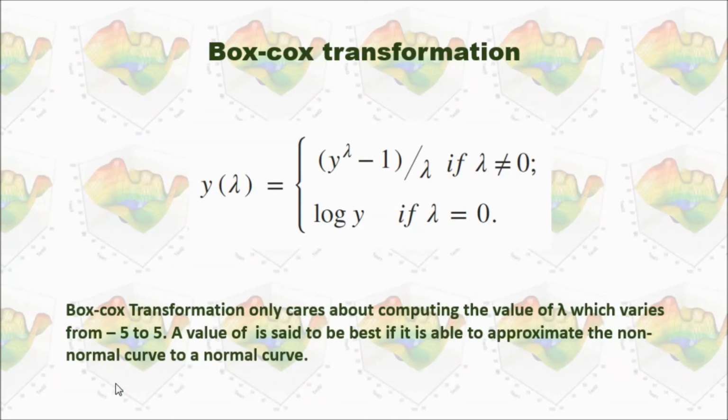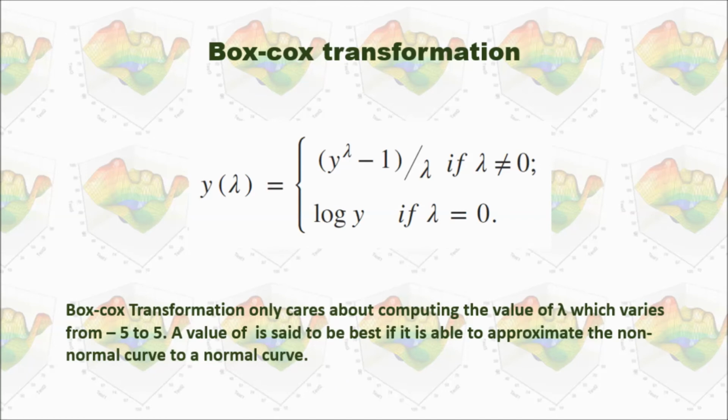The Box-Cox transformation only cares about computing the value of lambda, which varies from -5 to +5. So we only have one parameter, lambda, in the transformation. Then it will transform a non-normal curve to a normal curve.